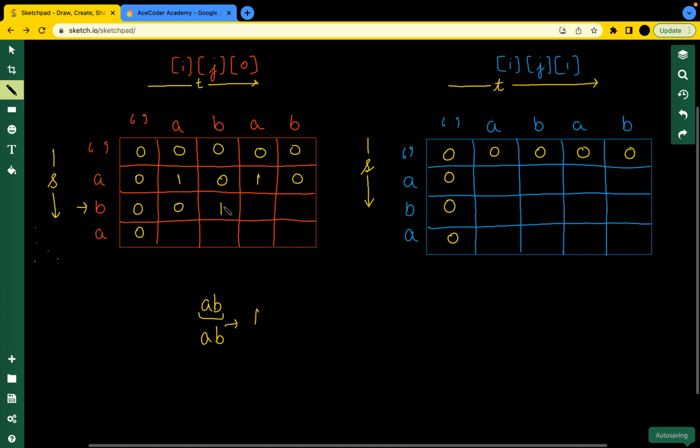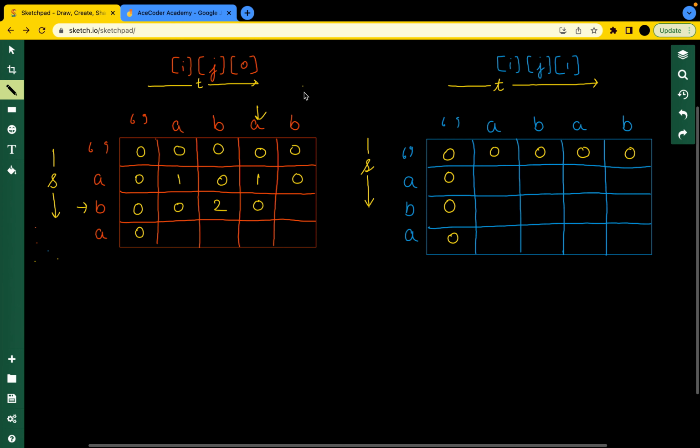Hence, what value we will put here is this: because B and B are equal, we put 1 plus this previous value, which depicts this string, which will be 2. And similarly, for this when we are standing at A, it is obviously 0 because they are not equal.